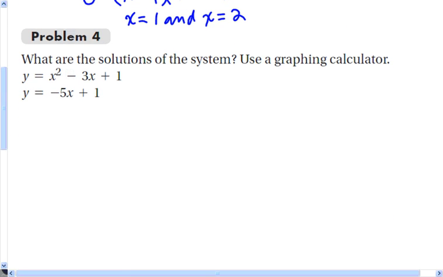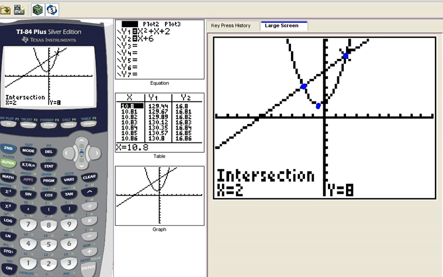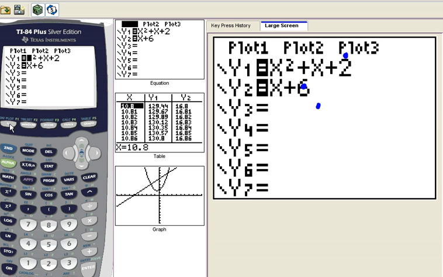Okay? On this one, we're going to use a graphing calculator to solve this. So we have x squared minus 3x plus 1, and negative 5x plus 1. So x squared minus 3x plus 1, I believe that's what it was.